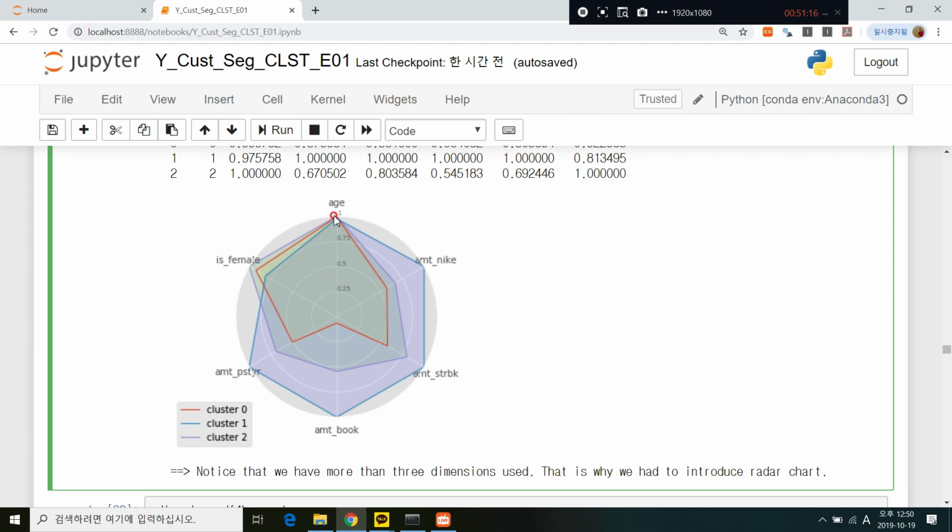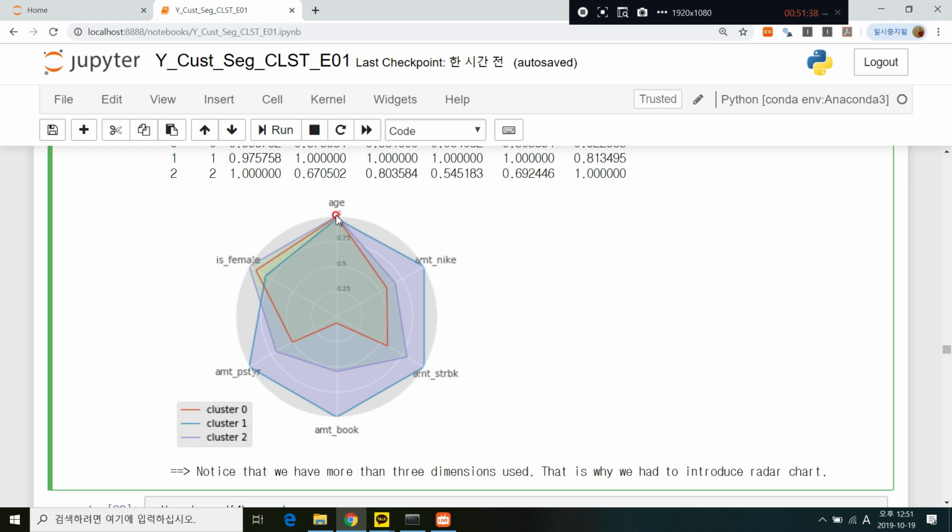We call this a radar chart. Here you can compare and understand the differences among the 3 clusters. Their traces are summarized here.